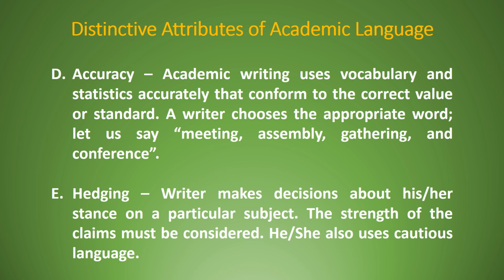The next one is hedging. Writer makes decisions about his or her stance on a particular subject. The strength of the claim must be considered. He or she uses cautious language.